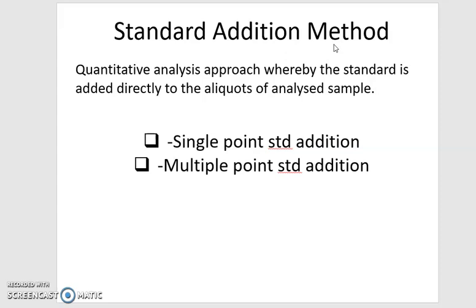In the standard addition method, the standard solution is prepared with the addition of sample, while in the external standard method, when we prepare the standard solution, no sample is added into the standard.